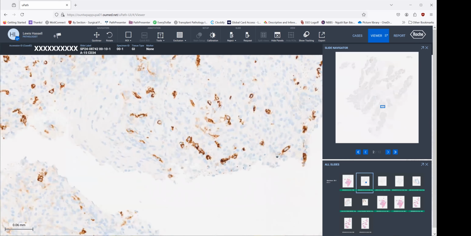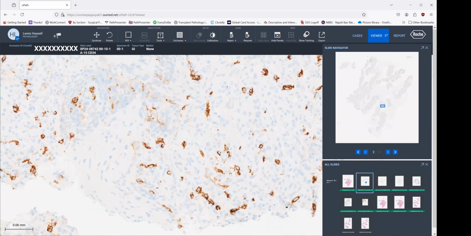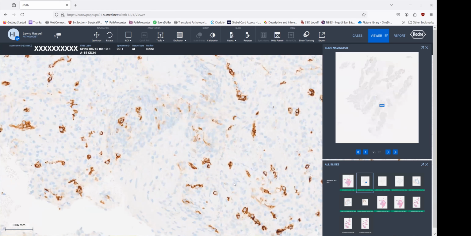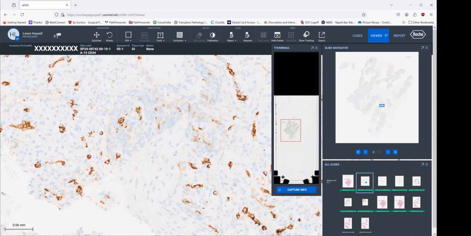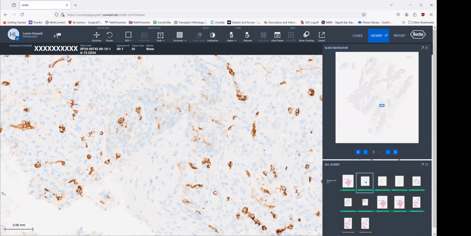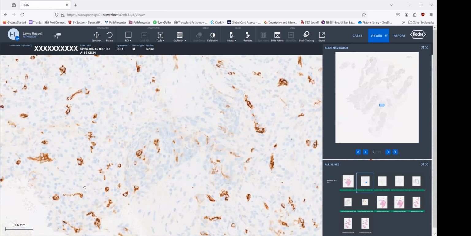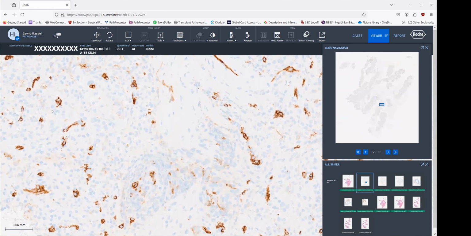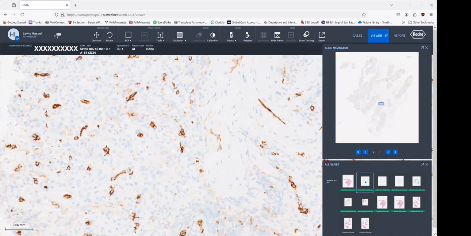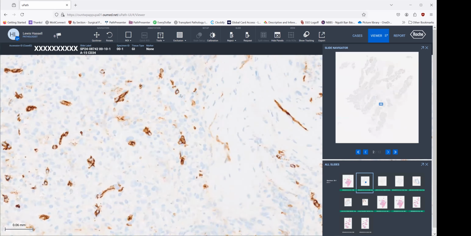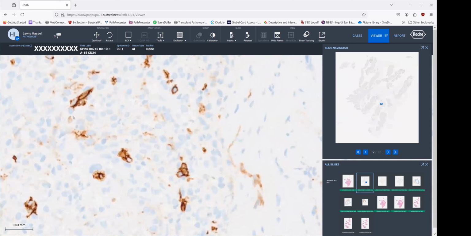And the first one I decided to go to was this stain. I can't show you what the stain is because that would show you the name. But this is CD34. So this tells us that we're dealing with a tumor which makes some degree of vasculature. And many of these small microlumina are staining positively, and a little bit of staining in the background.